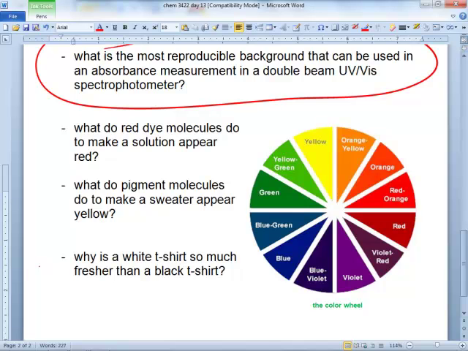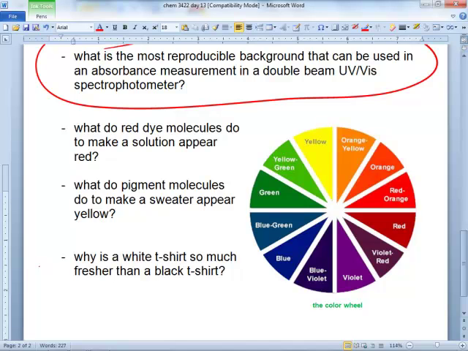How does the color wheel work? There's no artists in here? I don't know if artists even really care about this because they just do it by experience and practice. Use the primary colors and then you mix them together, like blue and yellow, and you get green. So it's more practical. Artists would really be the answer.